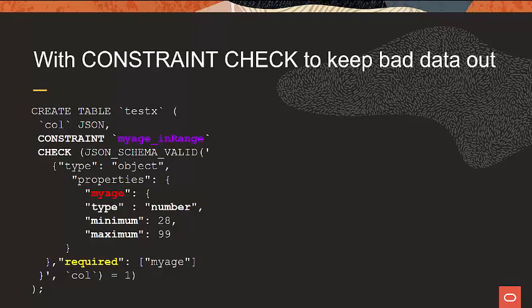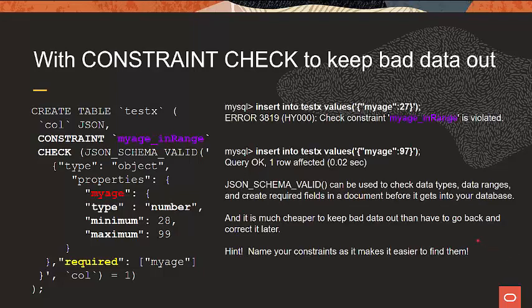And in this case, we're doing my age again, and type number, and the minimum and maximum age. You also notice that we've named this constraint my age underscore in range. So if we go to input a value that isn't in range, you see on the right there, constraint check my age underscore in range is violated. Next insert we do, it's between 18 and 99, so it goes in no problem.